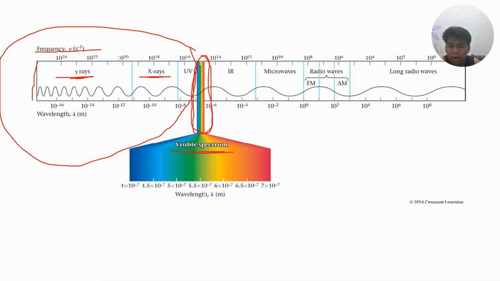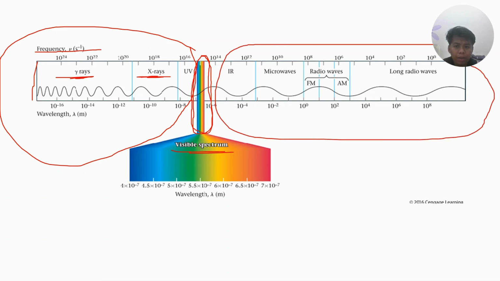So these are high energy emitting rays, like gamma rays and X-rays. That's why it is very dangerous when you are prolongedly exposed to X-ray radiation, because these are high energy radiation. As compared to this one, which has high wavelength measurement but low frequency measurement, so there is low energy emitted in this part.